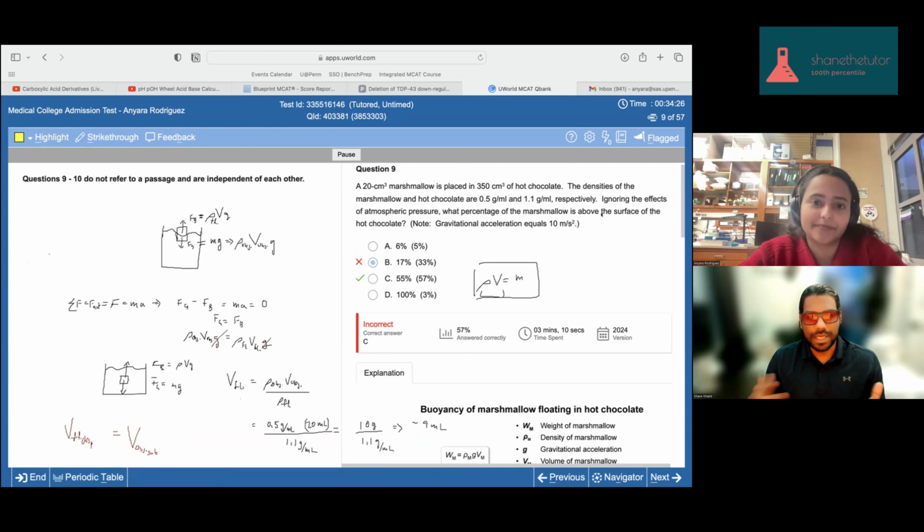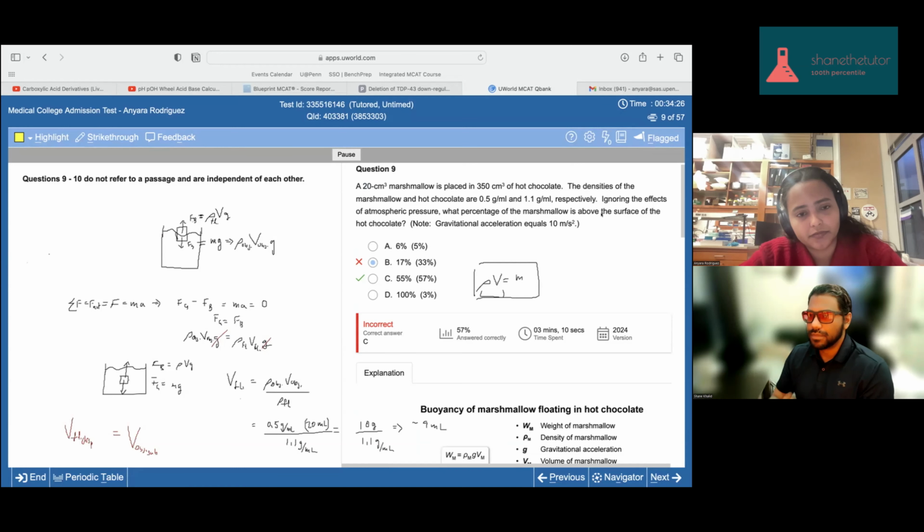Basically, the 1.1 just shows you that less than half would be submerged, and more than half would not be submerged.